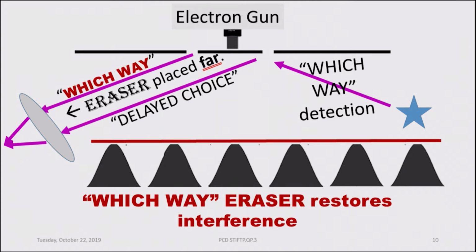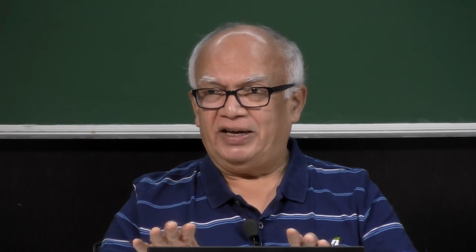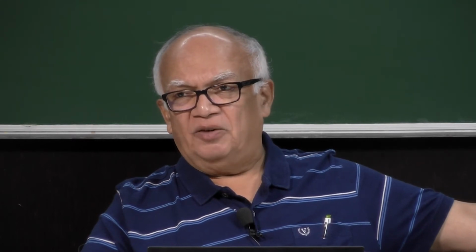And we know very well that information does not travel at a speed faster than light. We know that no particle travels at a speed faster than light, and whether you have an electron gun or light itself going through the two slits, it is not going to go faster than the speed of light, and you are keeping this detector a billion kilometers away or even a few light years away.